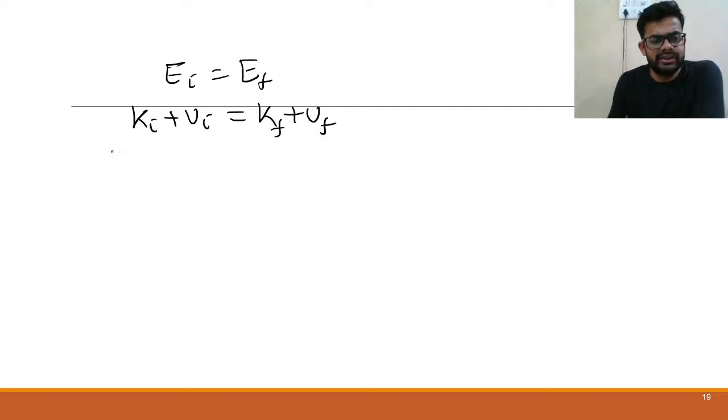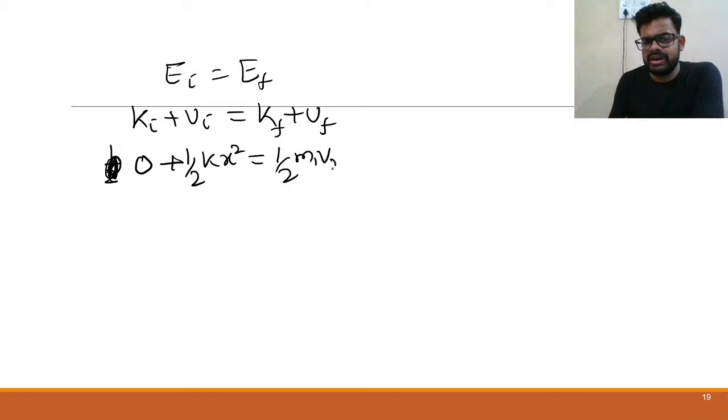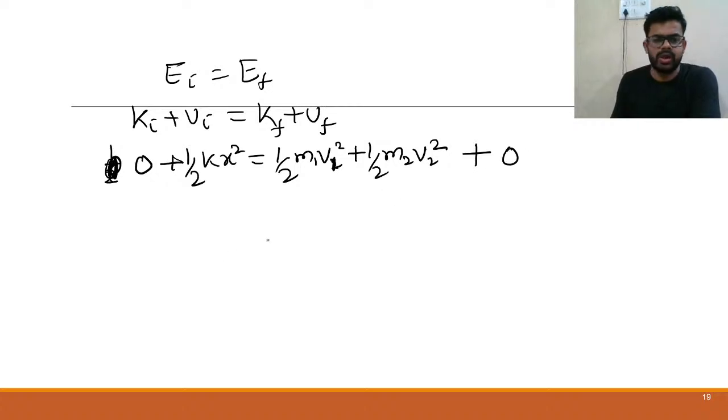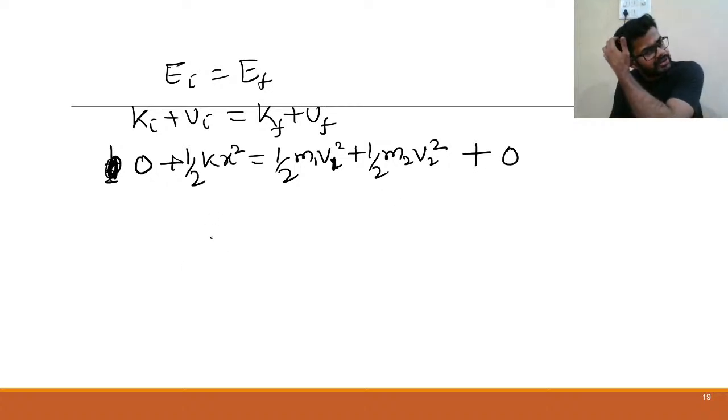Initially the system was at rest, so kinetic energy is 0, but the spring was compressed, so half kx square. Finally half m1 v1 square plus half m2 v2 square is the final kinetic energy, and finally the spring will come to relaxed state, so potential energy is 0.